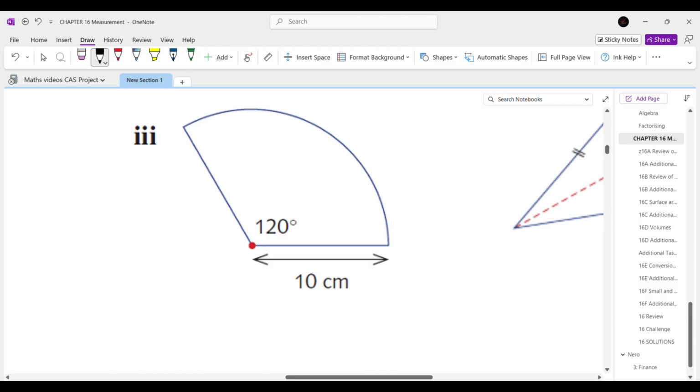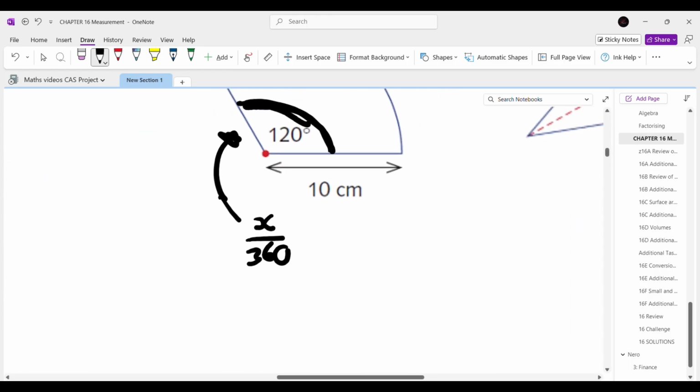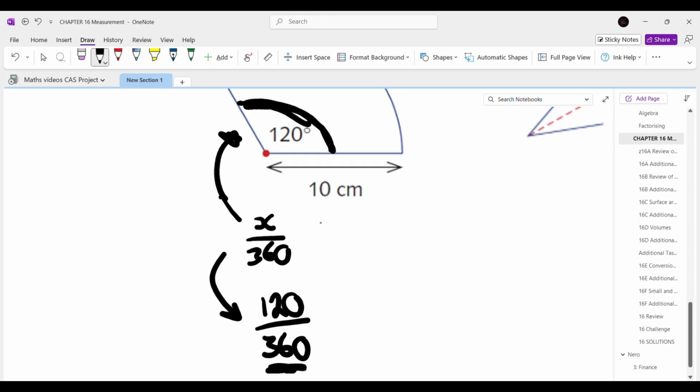Here, just something I forgot to mention about when you're finding the area of circles. When you're trying to find the area of a circle that isn't a full circle, you just do the amount of degrees over 360. Because in this case, we have 120 over 360, because 360 is the full amount of degrees in a circle.